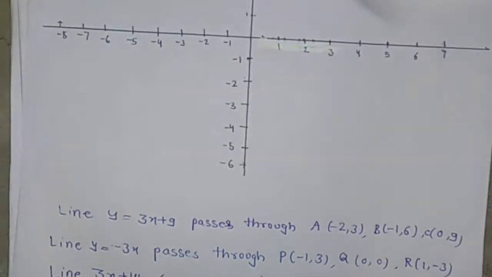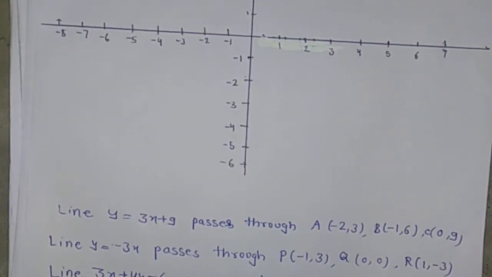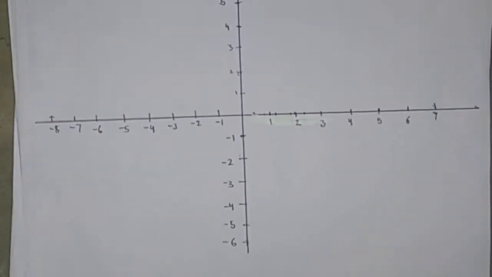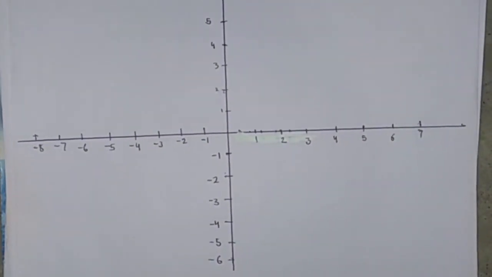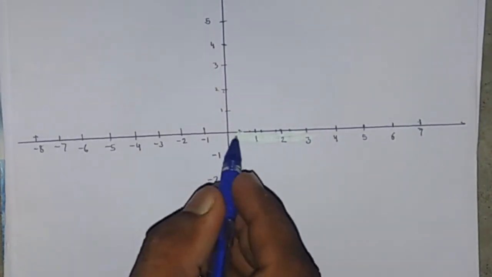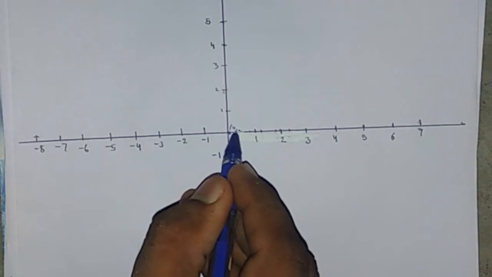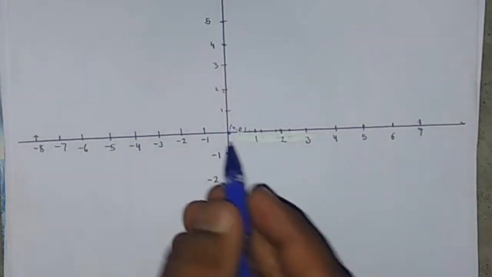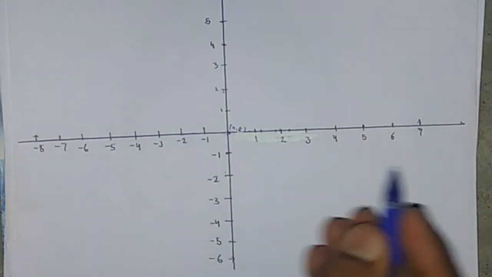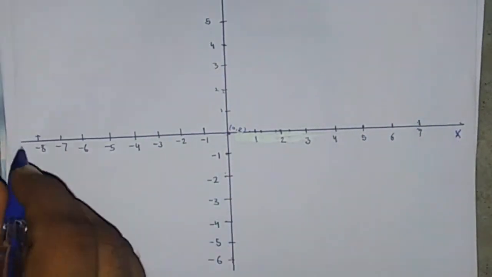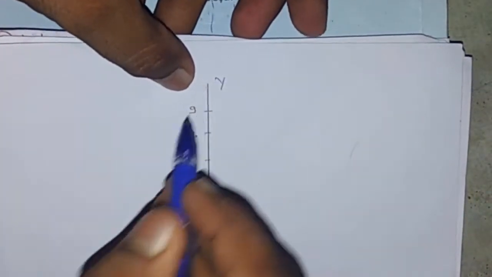Now plot these points on this graph paper. First point is minus 2 comma 3, means value of x is minus 2 and value of y is 3. This is the origin, 0 comma 0. This is the positive direction of x-axis, this is the negative direction of x-axis, and the positive and negative directions of y-axis.